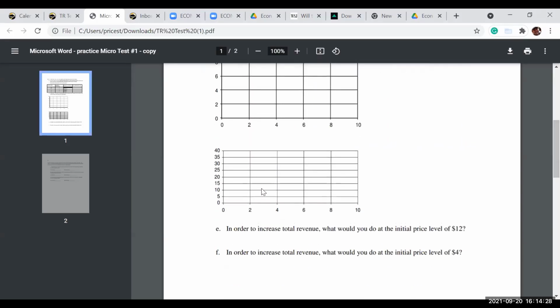So on a graph at 3, make a point here at 36, at 4 at 40, and then answer these questions. In order to increase total revenue, what would you do at an initial price of $12? And in order to increase total revenue, what would you do at an initial price of $4? So finish those questions on your own, then take a picture and upload those to your notes.